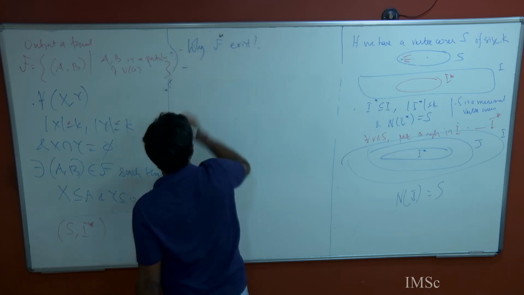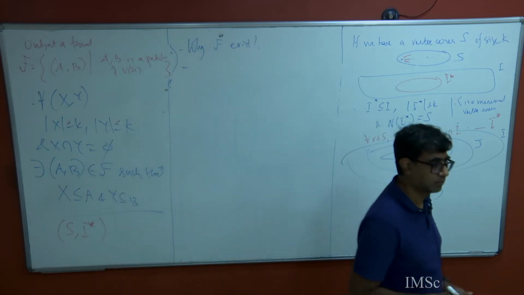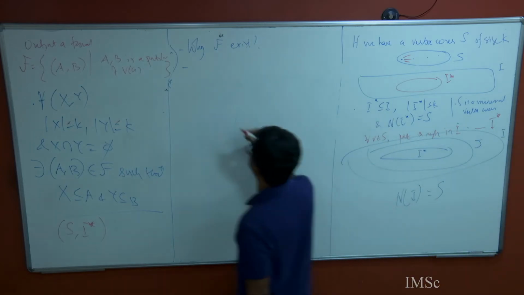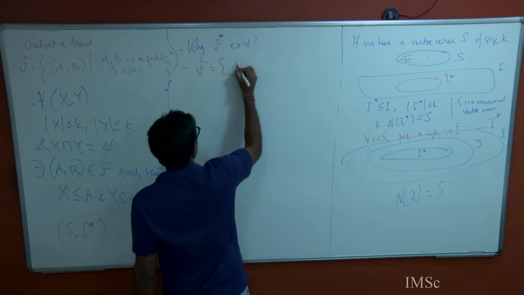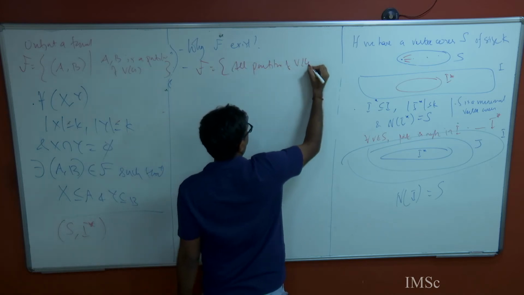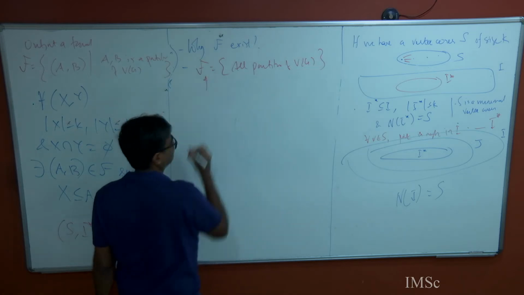Can you come up with any F? Take all partitions, no? Will that not work? If I take F equal to all partitions of VG, what's the size of F?